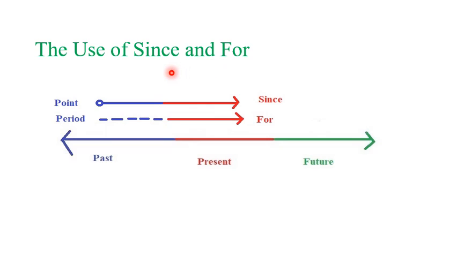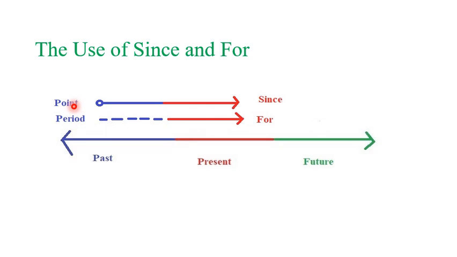Now you should know what kind of time takes since and what kind of time takes for. There are two important concepts that we are using here. One is the point of time and the other is the period of time.